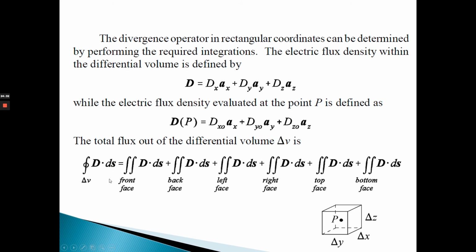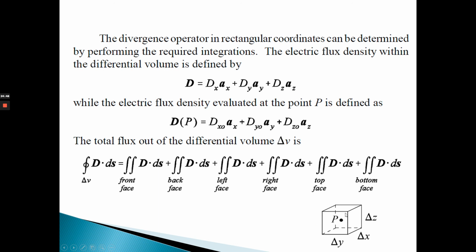So the total charge of any volume can be calculated from all the surfaces belonging to that object. If it's a cube, then the cube has a total of 6 different surfaces, right?